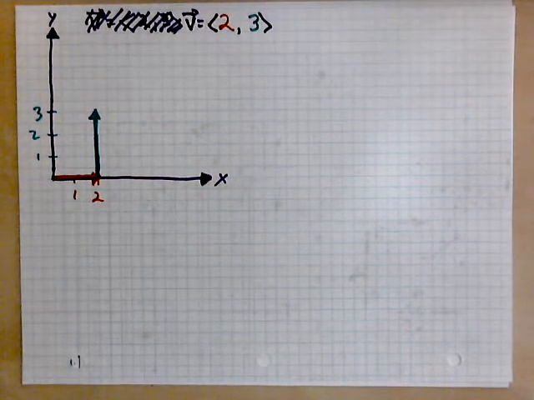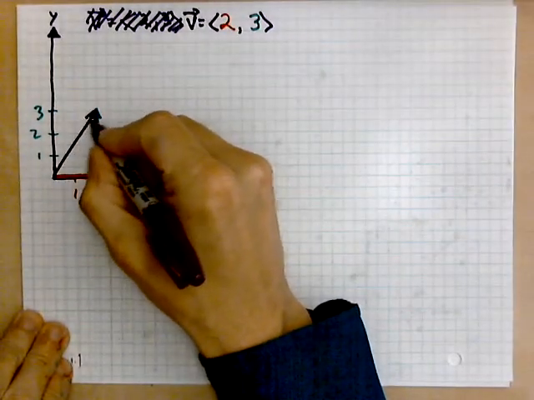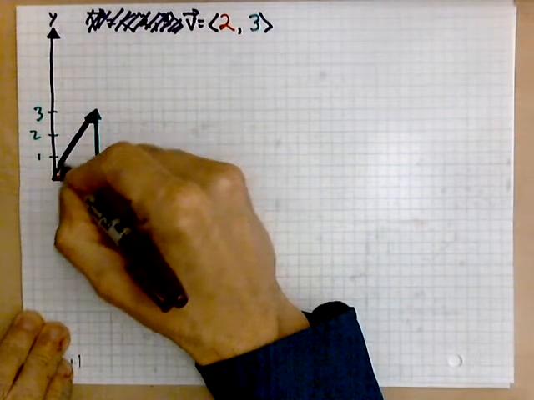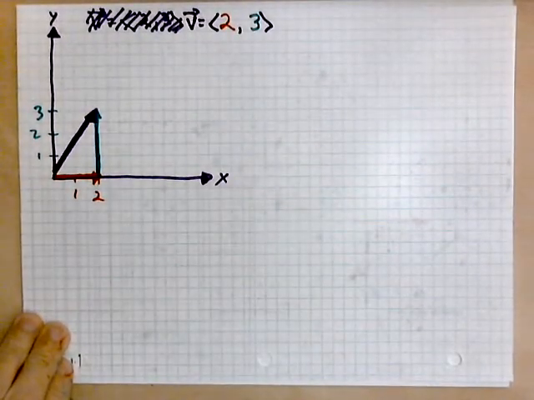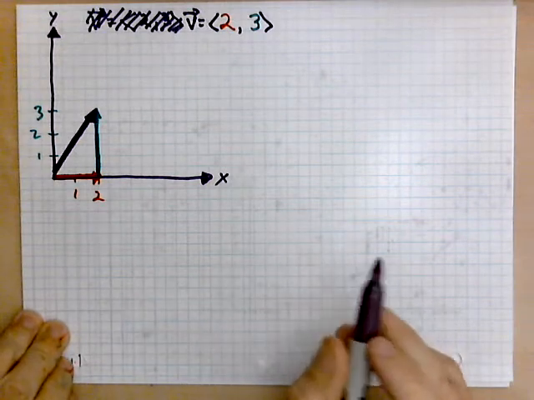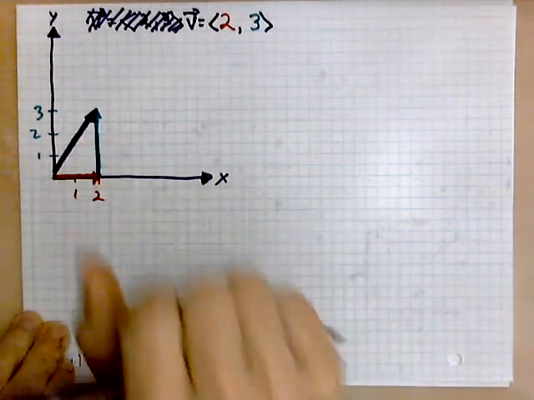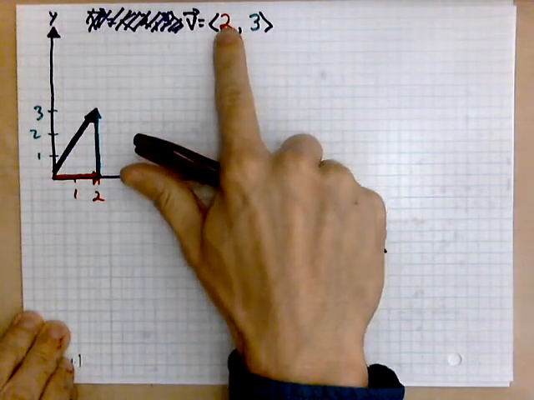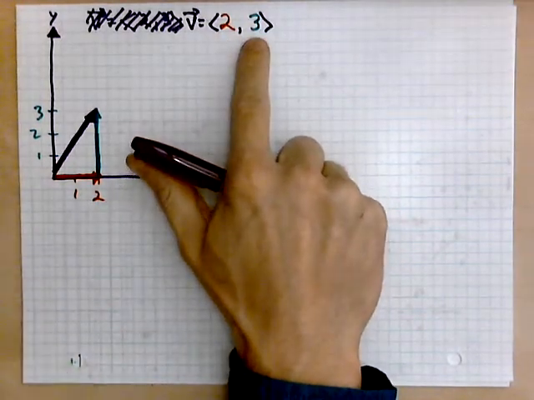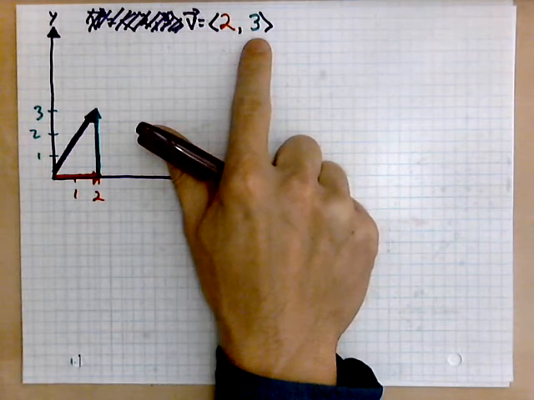With this in place, we connect these two. There we are. And that is our vector v, which is purple, although I'm not sure you can see it very clearly, okay? But it's purple and it's got an x component of 2, the red one, and a y component of 3, which is light blue, okay?